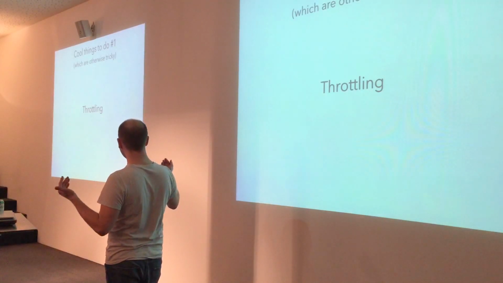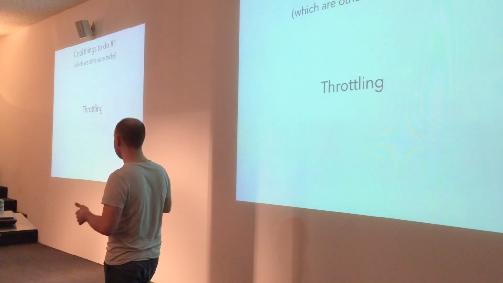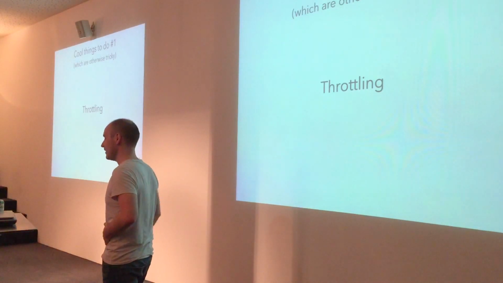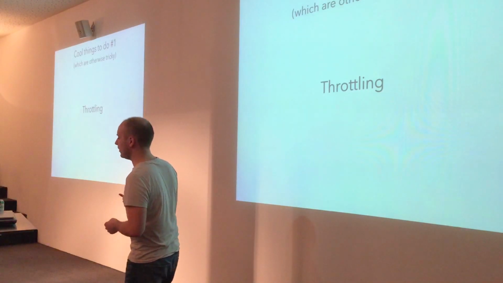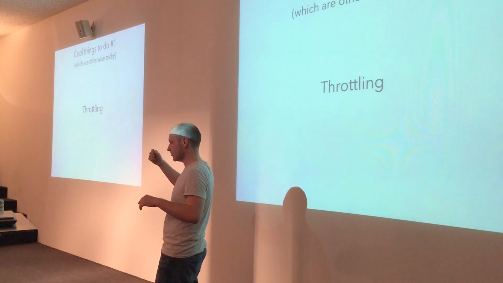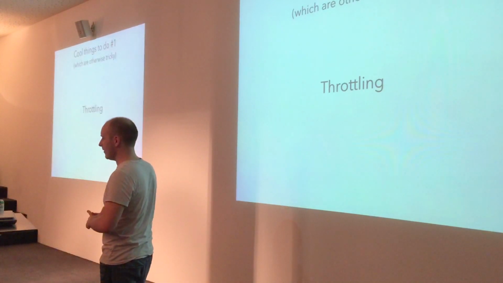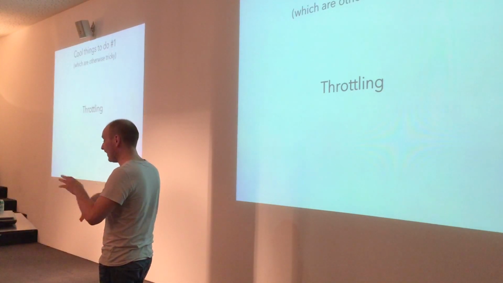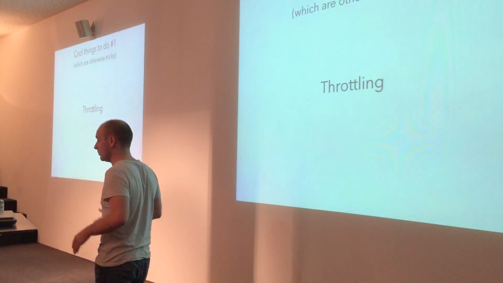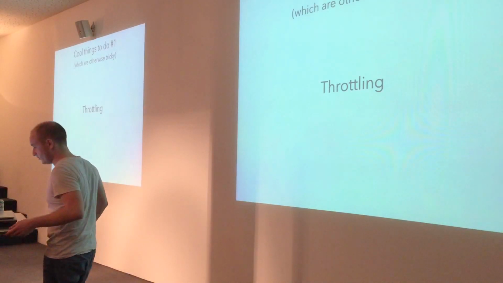But if a value comes through and then half a second later another one comes, we throw the first value away and start the timer again. This is good if you have a search field that does network calls as the user types, like Google. If they type fast, you just throw away the previous value. You don't even need to start up a network request at all. So you can imagine why it's useful.